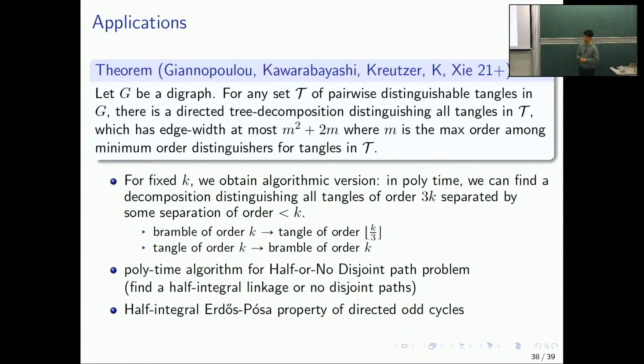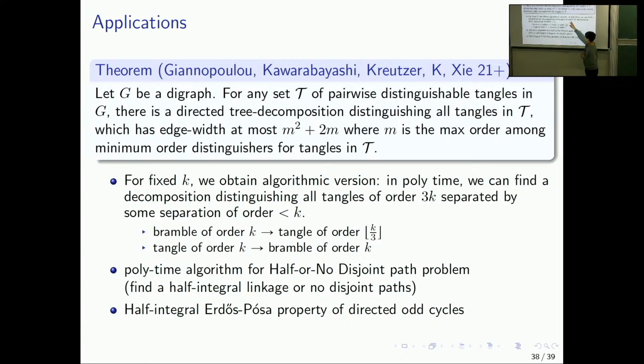But I was confused why you need the 3k, because if you can distinguish all tangles of order 3k, then you can distinguish all tangles of order k. Or maybe I'm confused. So we don't distinguish all tangles of order 3k. There are tangles of order 3k, but some pairs maybe need 3k minus 2 or 3k.